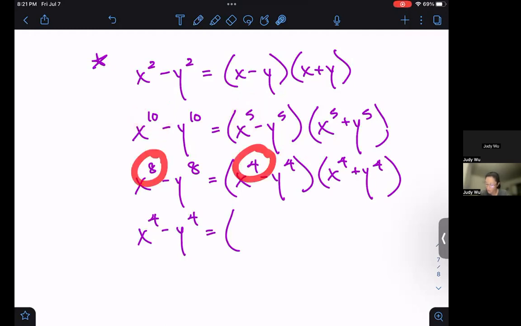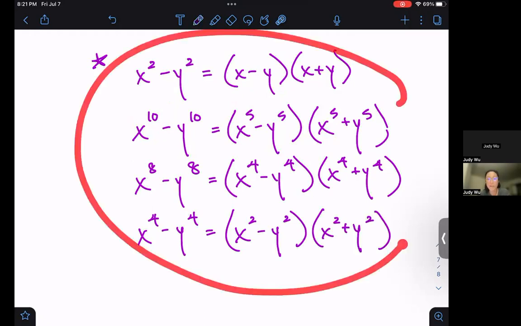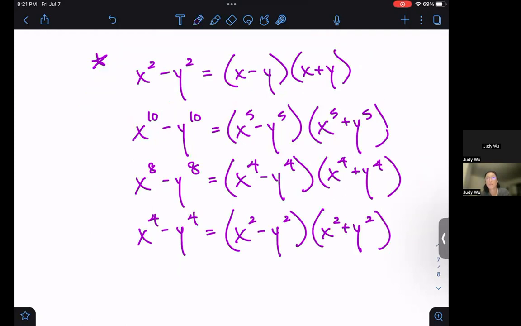So 4 divided by 2 should give us 2. Okay. So this is a really handy pattern for factoring, right? These cases just come up a lot. It's not that I need you to memorize it, but your life is going to be a lot easier if you memorize it, okay?